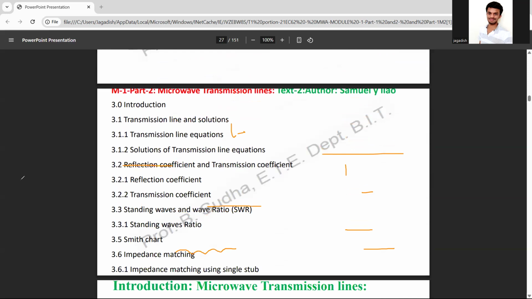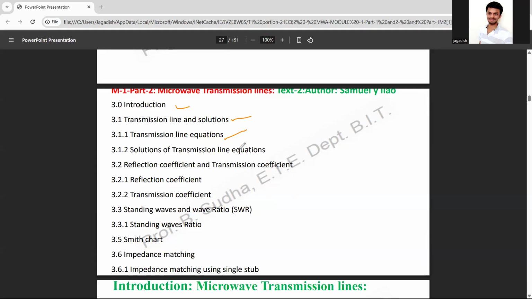After the Gunn effect, the next important concepts which will appear are, see how many concepts are there in this module one only. You will be learning the introduction. Next, transmission line and solution.